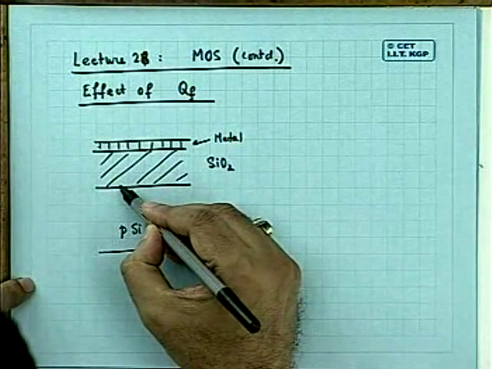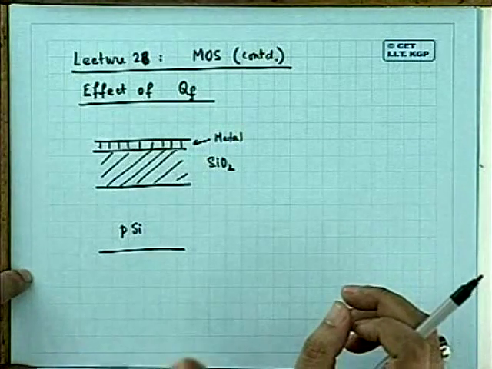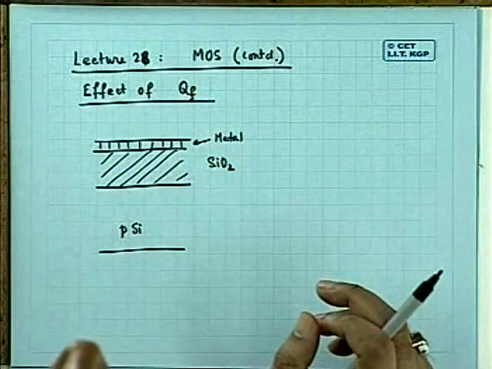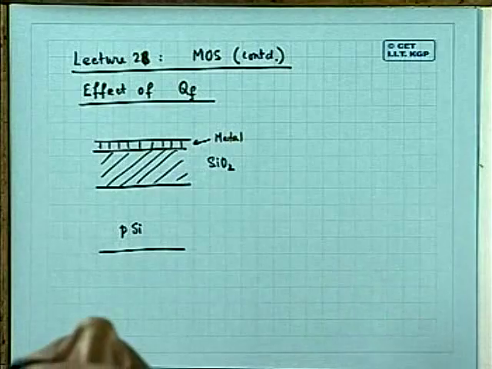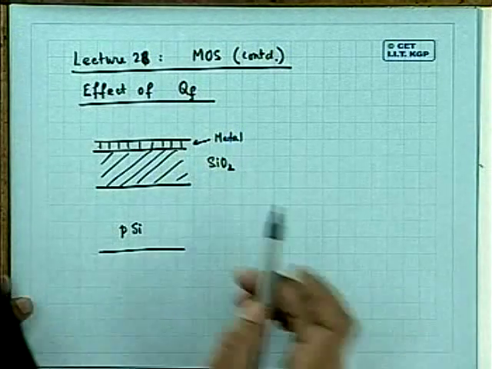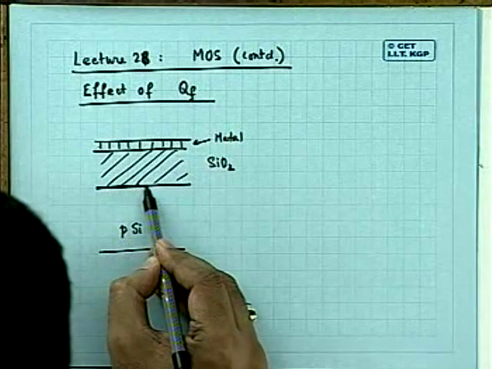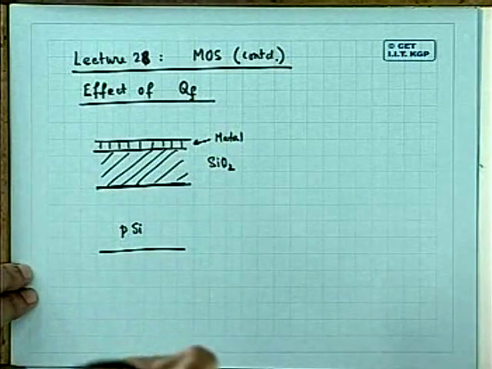Now, when you grow the silicon dioxide by the thermal oxidation technique, it's a chemical reaction which converts silicon into silicon dioxide. Si plus O2 becomes SiO2. As a result, if you scan critically the interface region, the transition from silicon to silicon dioxide will not be an abrupt transition.